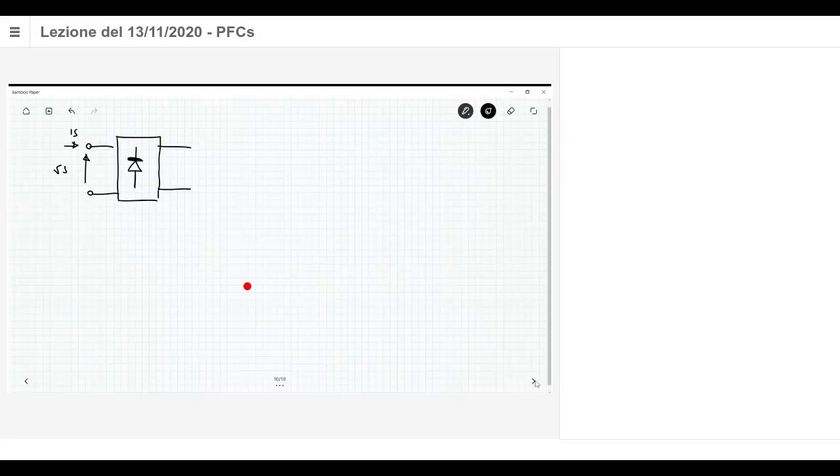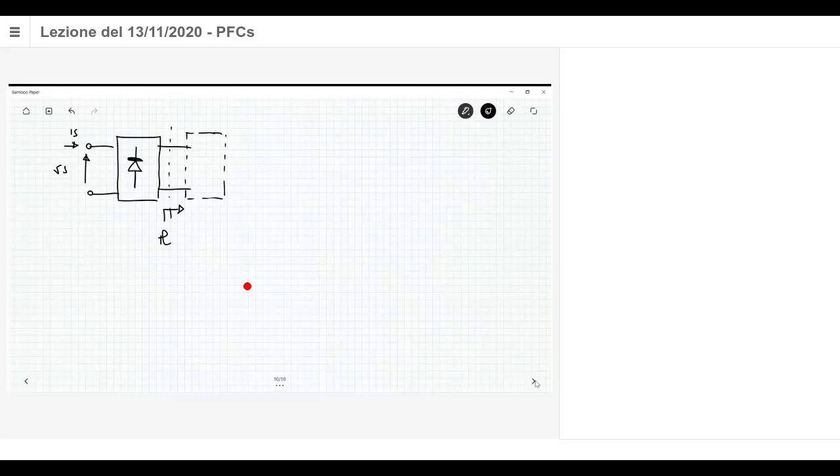Then you should have something connected to the output port of the rectifier that makes it possible to see an input impedance at the input port which is like a resistance. Because if you have a circuit that acts exactly like a resistance here, then your power factor is 1.